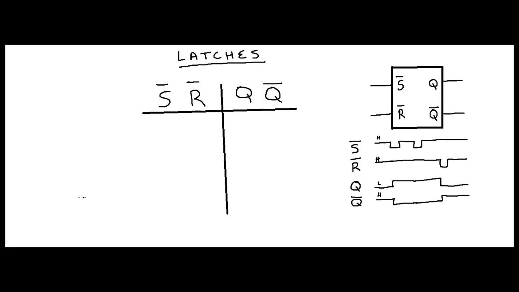All right, everyone. So what I have done is I have kept the circuit with negative logic, okay, over here on the right, right? And I drew an empty truth table, okay?